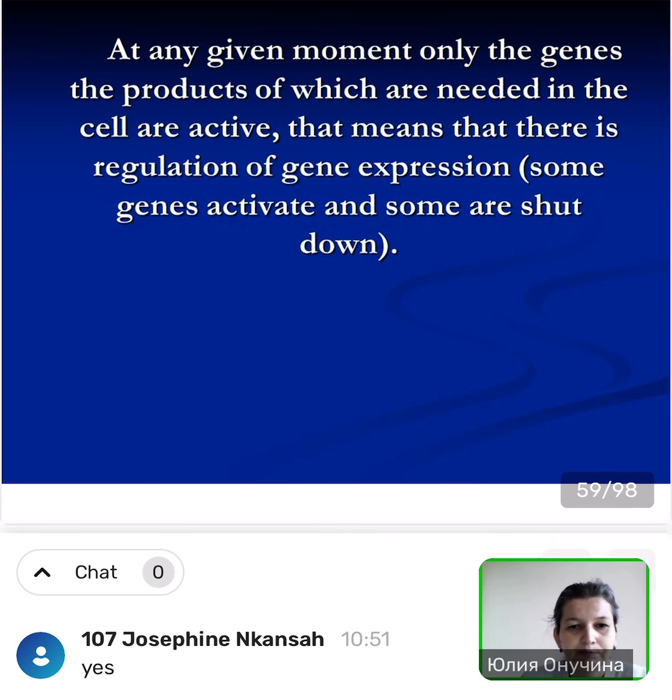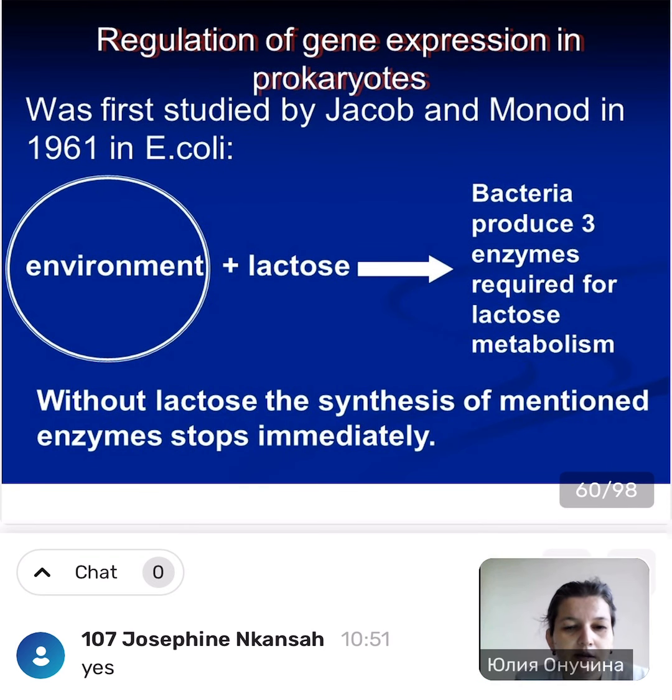For regulation, we can begin from simple example, regulation in prokaryotic cells. And for example, we will use bacteria that produce three enzymes for regulation of lactose metabolism.